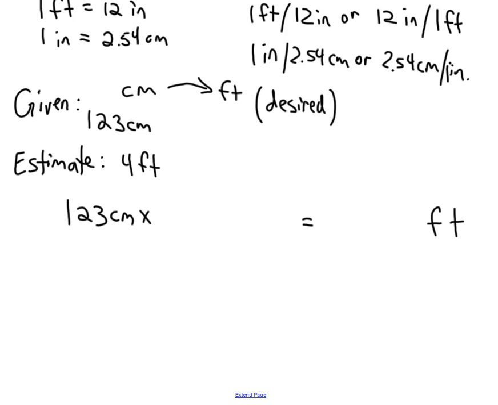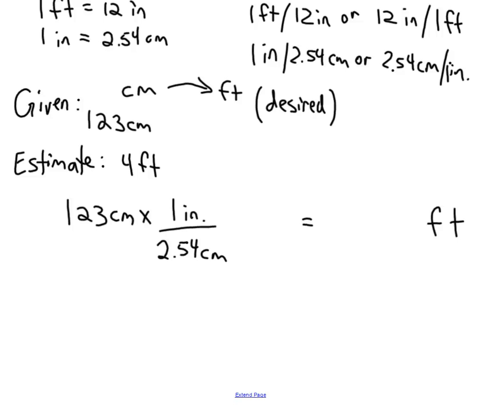Okay, so let's get rid of centimeters. How do we do that? Let's use a rate that eliminates centimeters by cancellation. So let's put centimeters in the denominator of the rate, which makes sense because if you really wanted to convert centimeters to inches, you would divide by 2.54, knowing that every inch takes 2.54 centimeters from your total length. So that's going to get us from centimeters to inches.